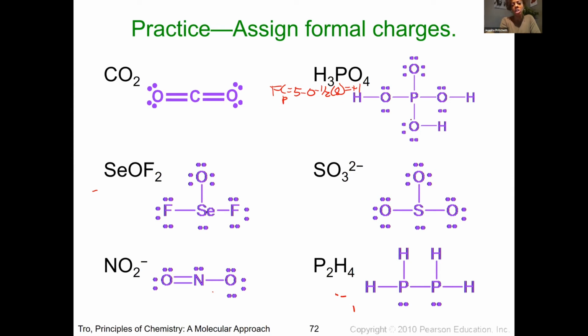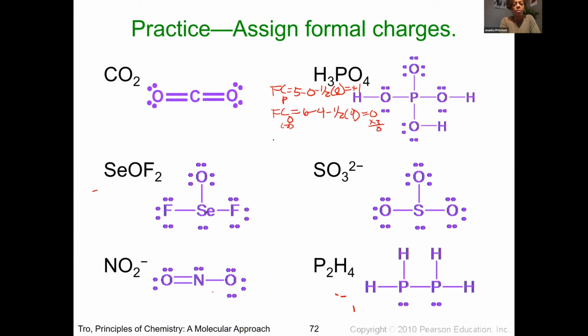Again, our oxygens are not the same, so I'm going to need to do a count for the oxygens that have two bonds to them, and then one for the one that only has one single bond. So those are the 3. And so that would be 6 minus 4 minus 1/2 of 4 gives us 0. So that's good. And times that by 3 still equals 0.